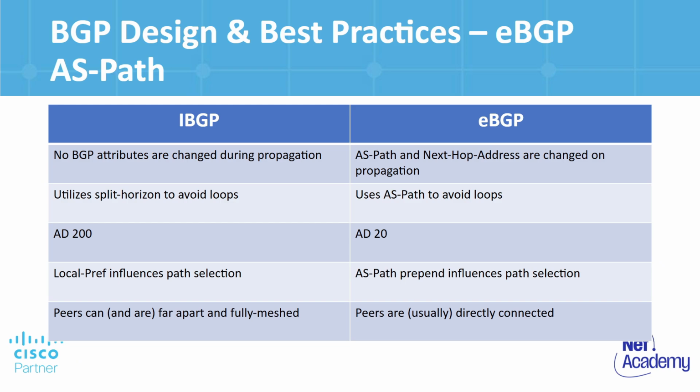The primary way to influence path selection in IBGP is an attribute known as local preference, or local pref. In eBGP, the primary way to influence path selection is with something called an AS path prepend. I'm not going to go deep into those in today's session because we're going to talk about those when we do a demo next session.